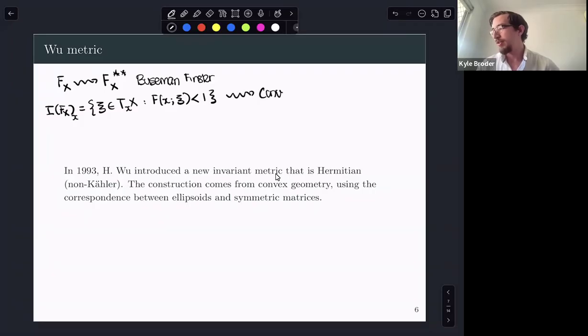So we can get a convex body from the indicatrix of the Busemann metric.